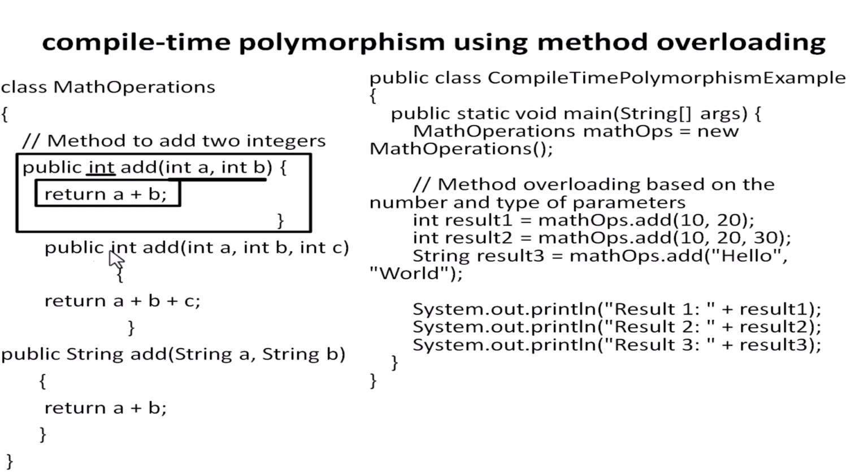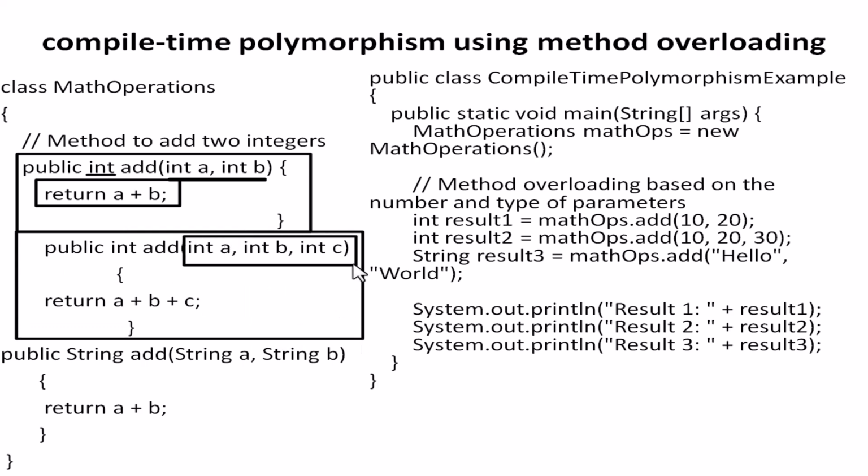Here also we have an int add with a, b, c. It means it has three parameters, whereas the previous one has two parameters. And again, public String add, with strings a and b, which has two parameters. It is going to return the addition of a plus b.